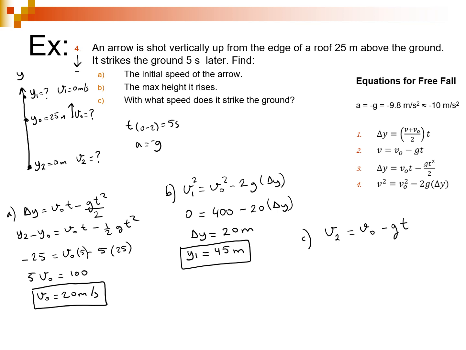So I'm solving between points 0 to 2, therefore the time is 5 seconds for this interval. So v2 is unknown, equal to original speed 20, minus 10 times 5. So v2 becomes 20 minus 50, equal to negative 30 meters per second.